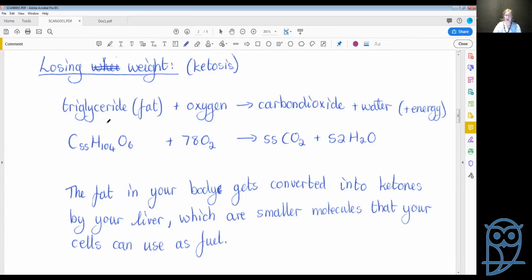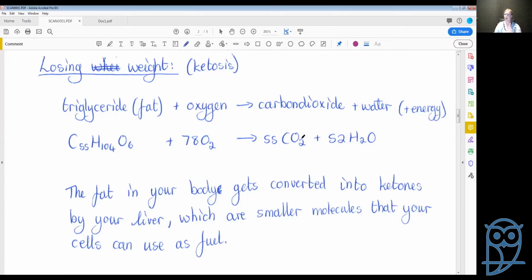So this is a triglyceride. That is the fat that you get in your body. You will see there's 55 carbons, 104 hydrogens, and 6 oxygens in this triglyceride. It combines with a ton of oxygen molecules to give us lots of carbon dioxide and lots of water. So the way this actually works is the fat in your body gets converted into ketones by your liver.